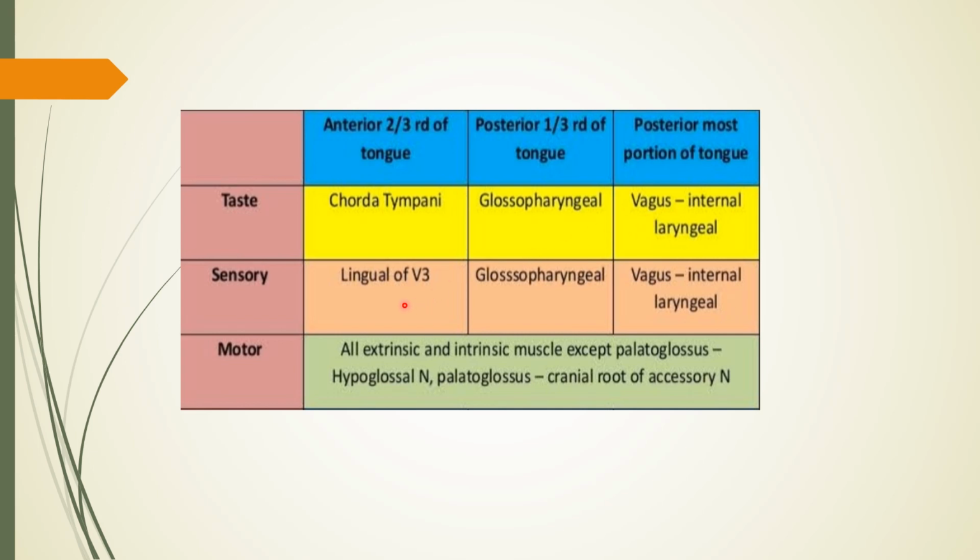Sensory innervation by lingual branch of mandibular division of trigeminal nerve, anterior 2/3 of the tongue, posterior 1/3 by glossopharyngeal nerve, and posterior most part by the vagus nerve. While motor, all the extrinsic and intrinsic muscles except palatoglossus are supplied by hypoglossal nerve, and palatoglossus is supplied by the pharyngeal plexus.